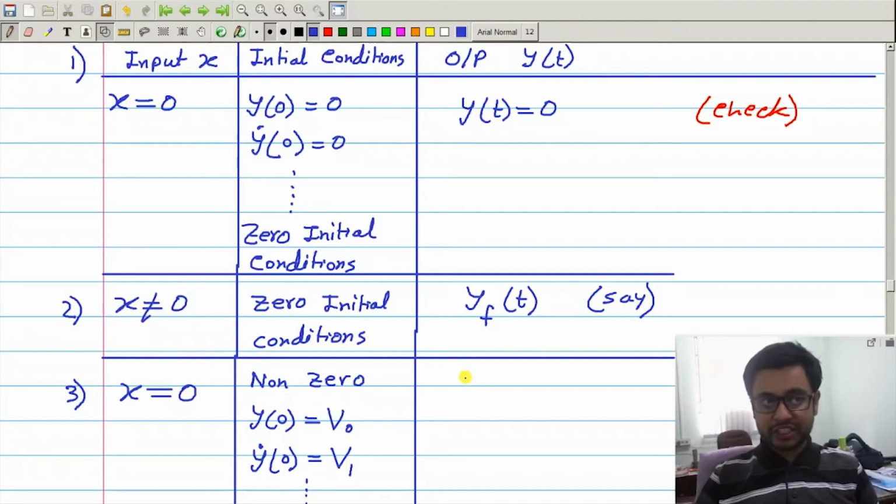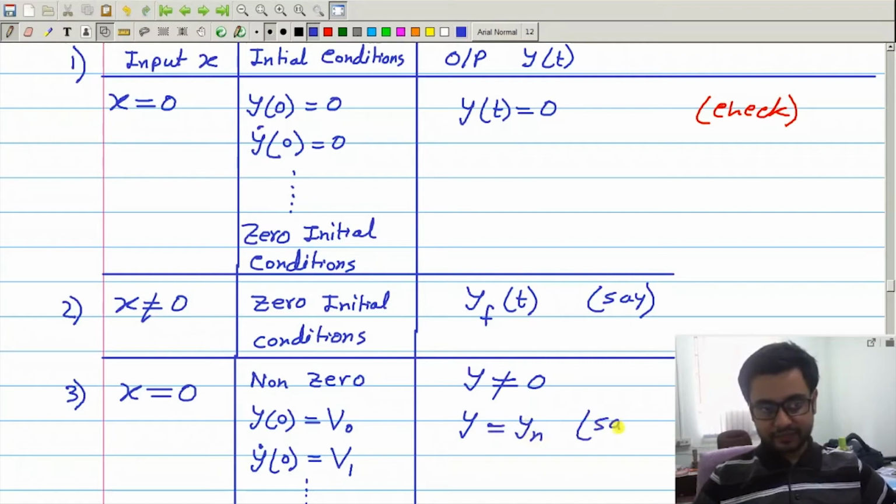Under this condition, what will be the output? Will it be 0? No, it cannot be 0, because then it will not satisfy these initial conditions. So you shall get some output which we will call y_n, say.